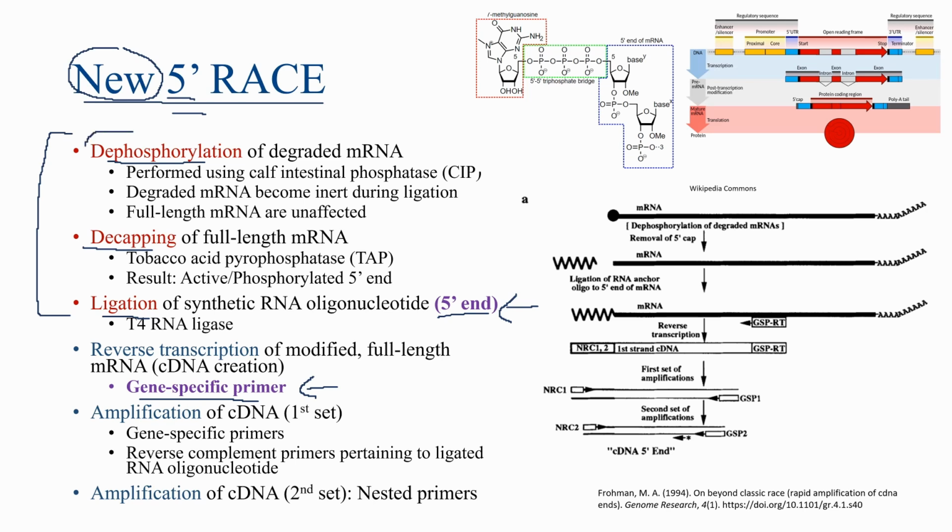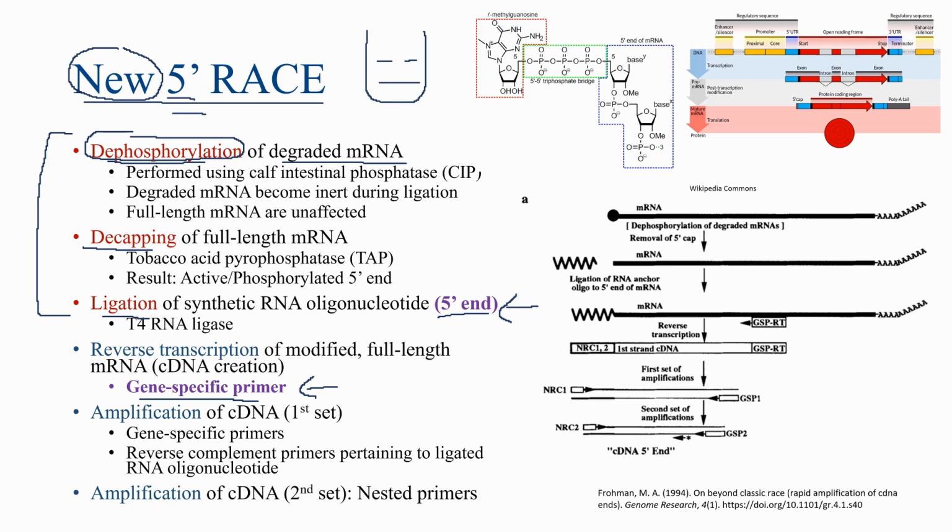So the first step in new 5' RACE is dephosphorylation of degraded messenger RNA. The idea here is that you have a sample with degraded messenger RNA as well as full-length messenger RNA. So your sample will inherently have some degraded messenger RNA, as you can see here. And what's important to recognize is that the degraded messenger RNA can self-ligate to one another.